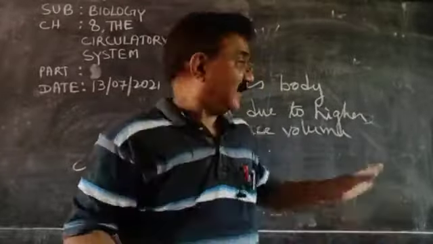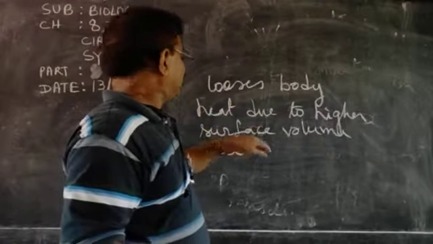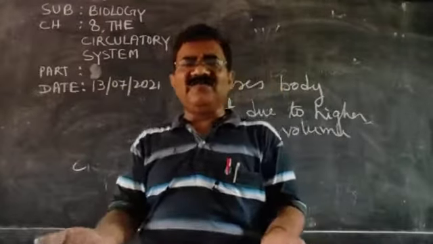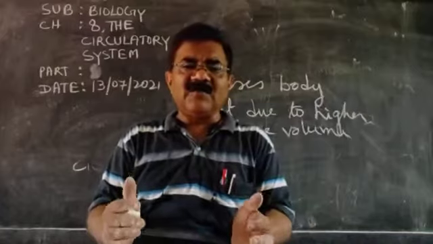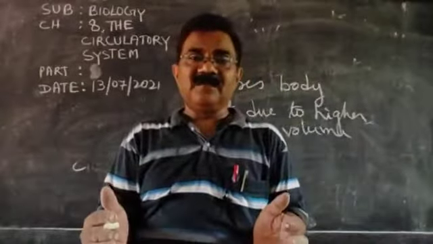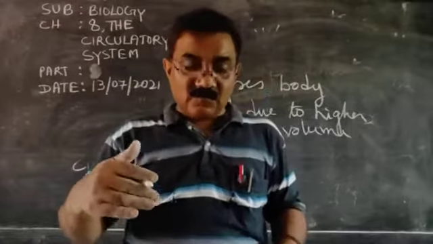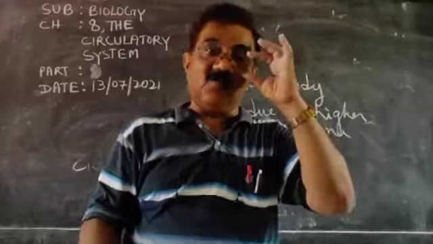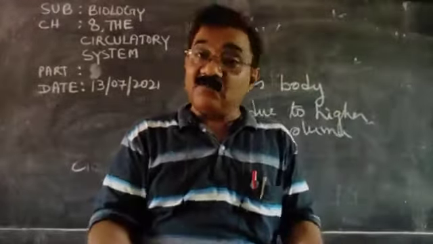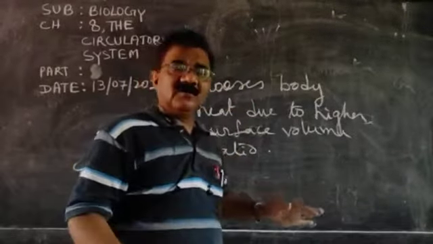Next, that is the higher surface volume ratio. Coming to the newly born child. The newly born child's body is smaller, so just to keep it warm, more heartbeat is there, because they lose more heat due to the surface volume ratio.